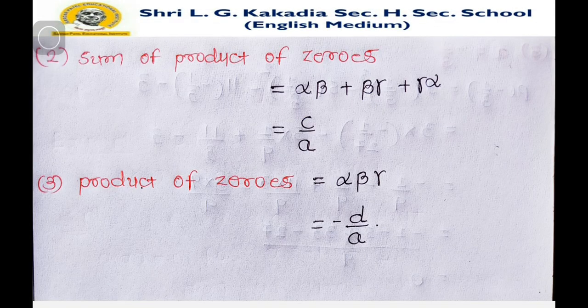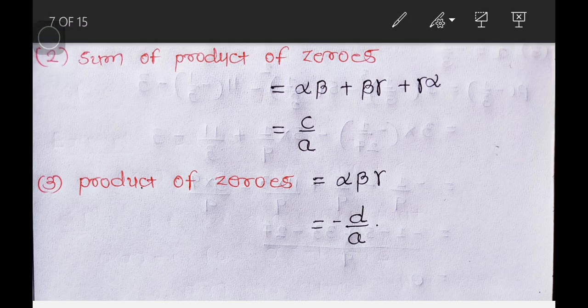So this one is first relationship between zeros and coefficient, that is sum of zeros is equal to minus coefficient of x square divided by coefficient of x cube, that is minus b by a. Now second relationship, that is sum of product of zeros. So first we take product of two zeros and then we do addition.